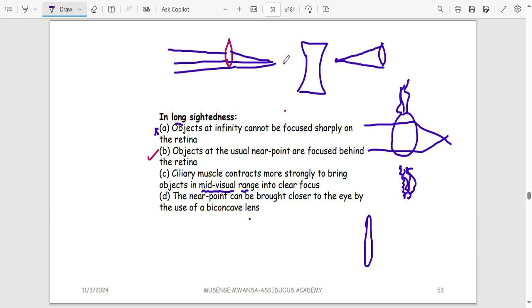What's the name of this lens? Not this lens. This lens will worsen the condition. The lens that you use is this one. Yes, you use a convex lens, because it's two sides, you say biconvex. If it was just convex, it's more convex like that, but it's biconvex. That's the one you use, not concave.